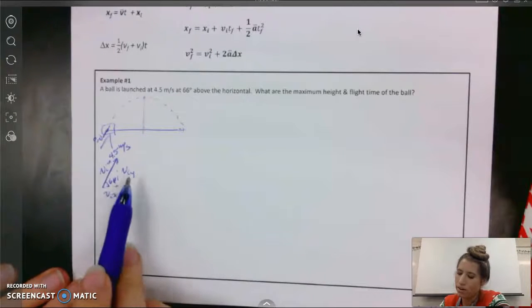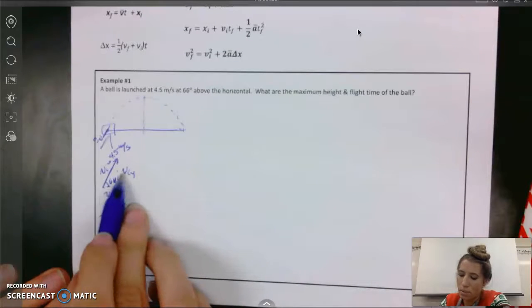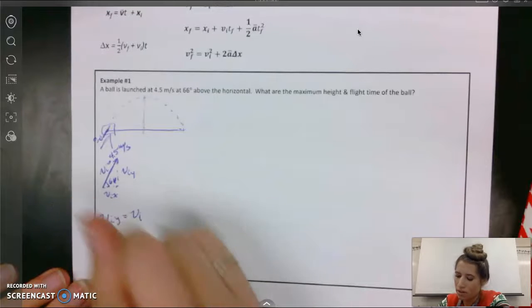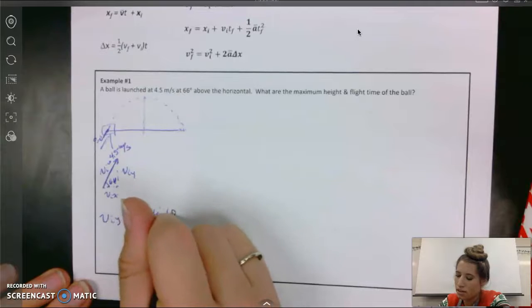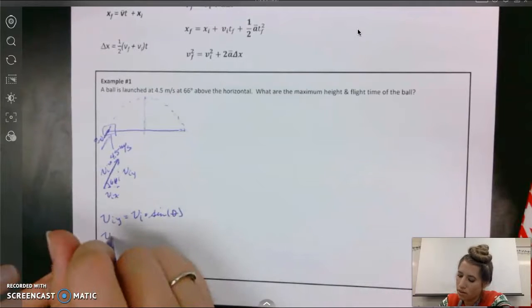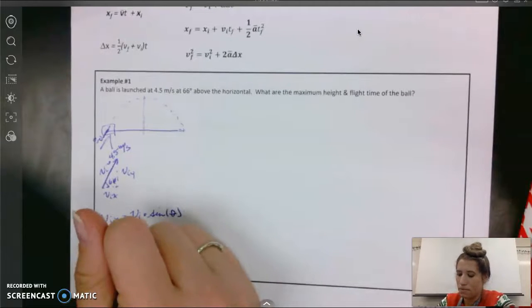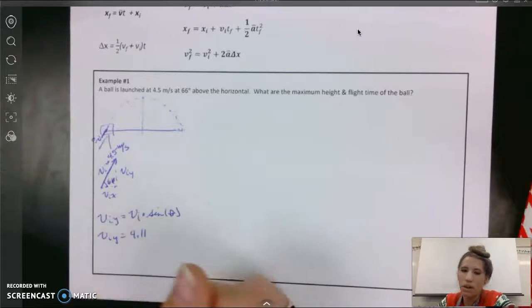If I want velocity initial in the y, it is opposite from the angle, so you take the hypotenuse, that velocity initial, and multiply it by the sine of the angle. So velocity initial in the y is 4.5 times the sine of 66, and my initial velocity is 4.11.